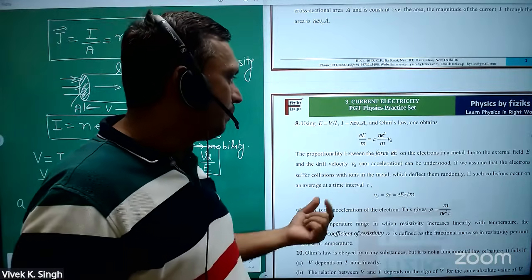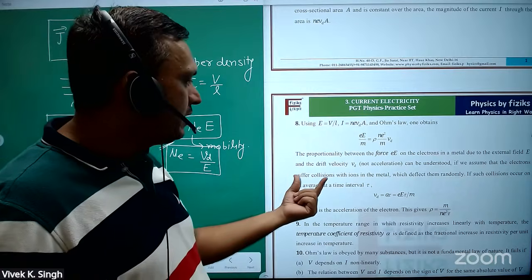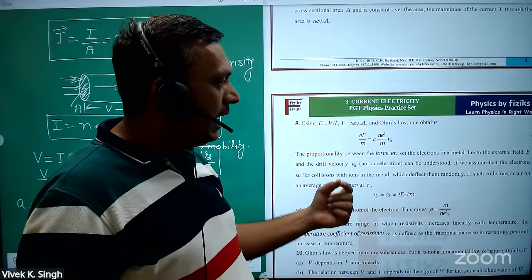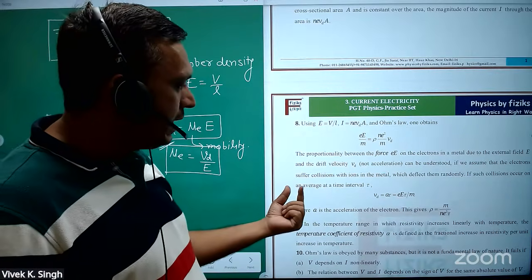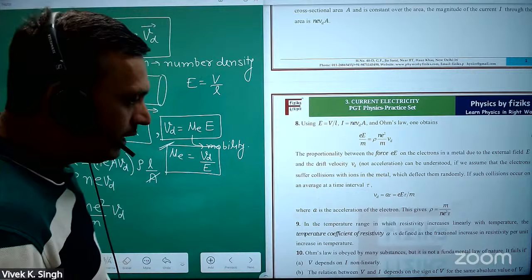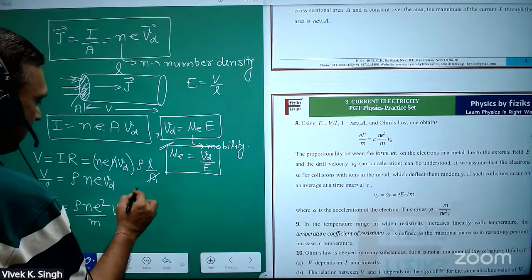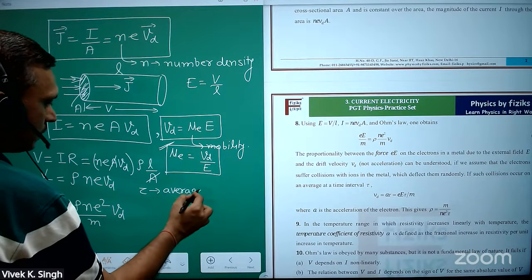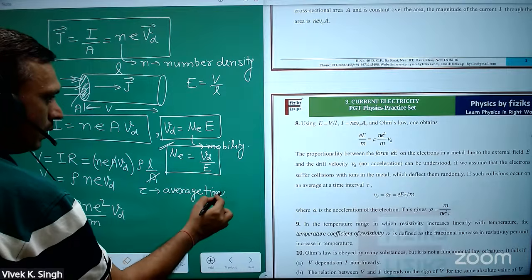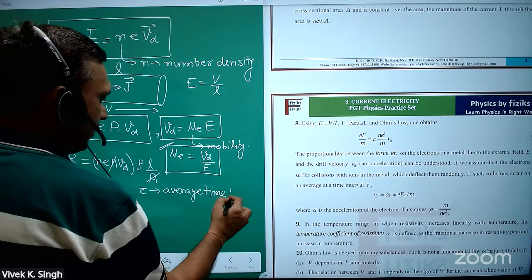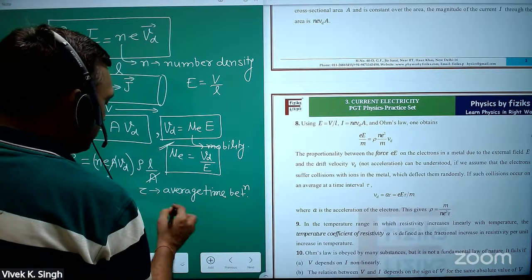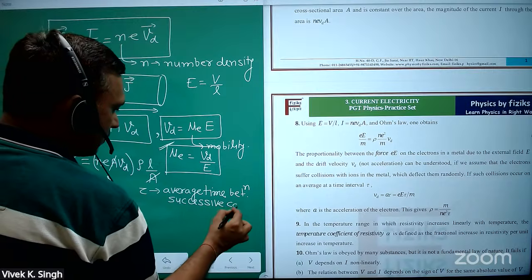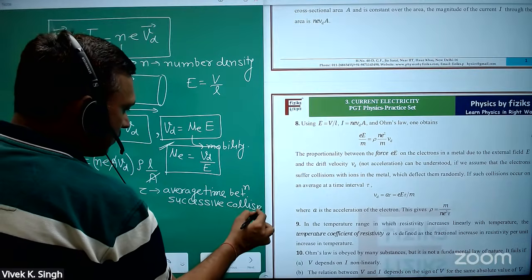If we assume that electrons suffer collisions with the ions in the metal, which deflect them randomly, and such collisions occur on average at a time interval tau, tau is the average time between successive collisions.